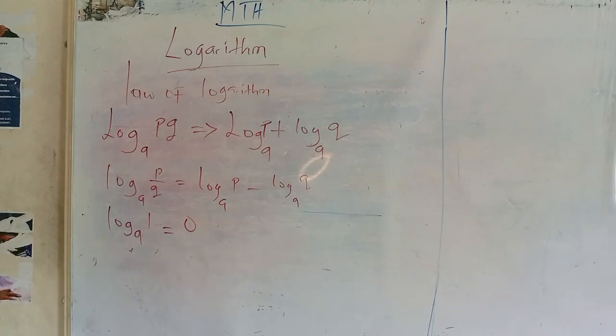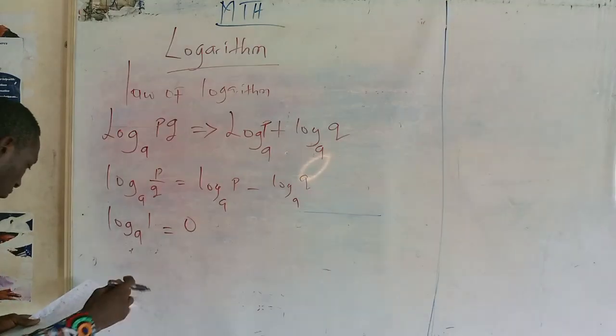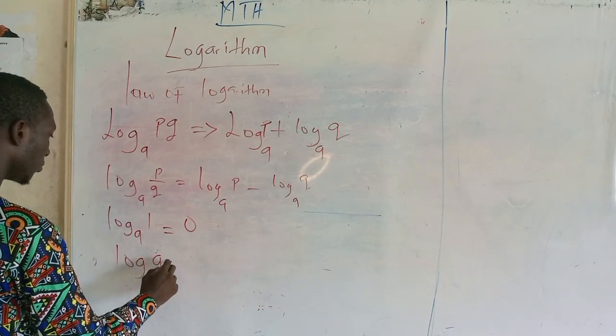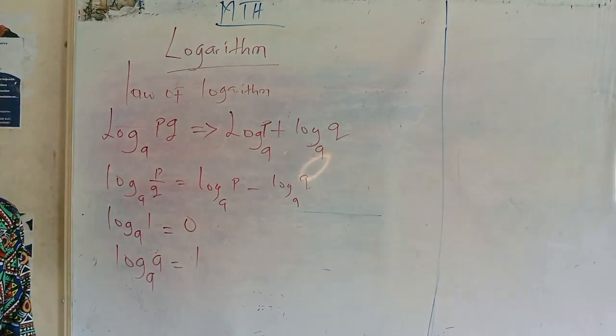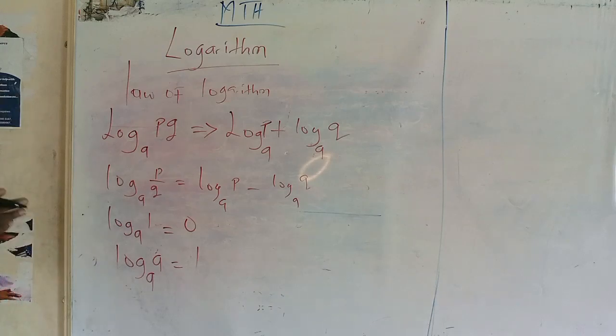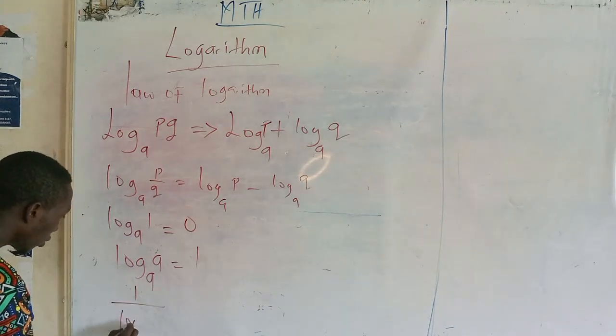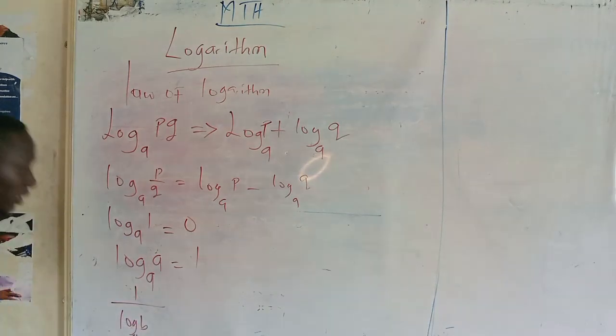If I say log 1 base 20, the answer is 0. Also, another law: log A base A is 1. If you have log of the same thing as the base, it is 1.